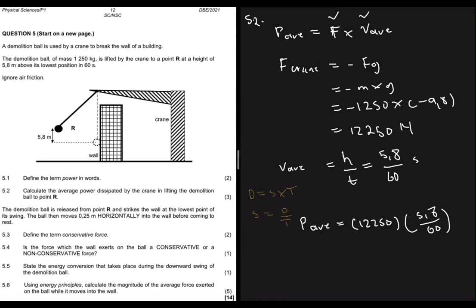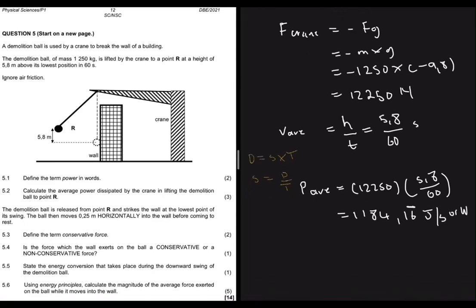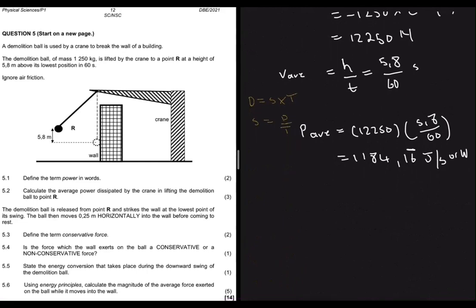That gives me 1,184.16 recurring joules per second, or watts, right? Let's move ahead. That was 5.2.